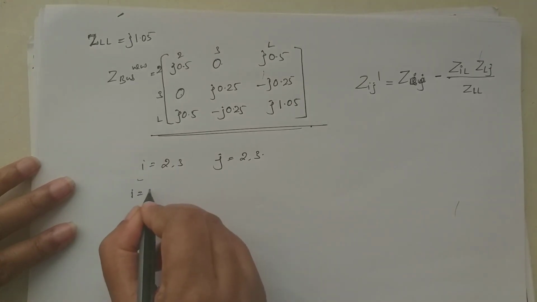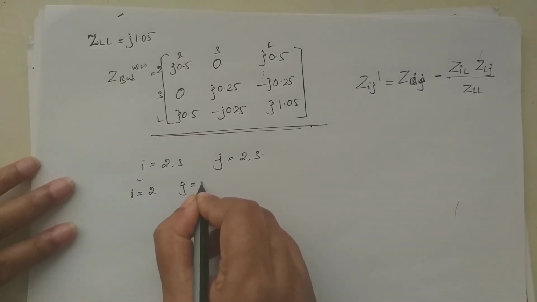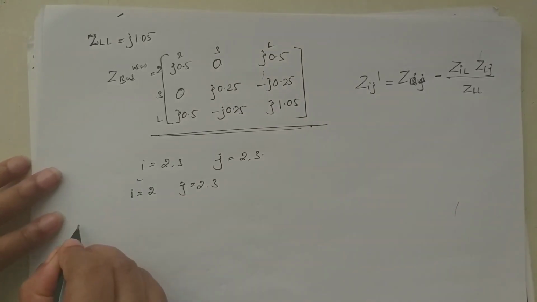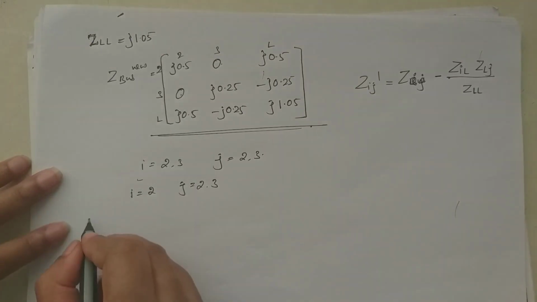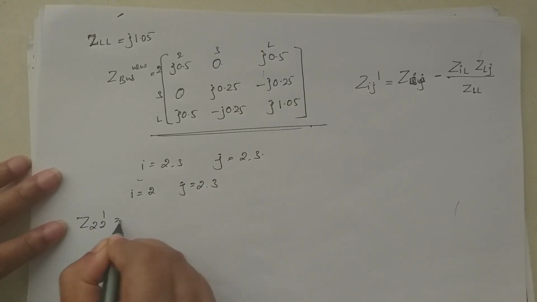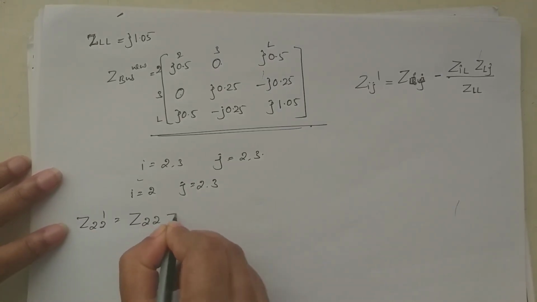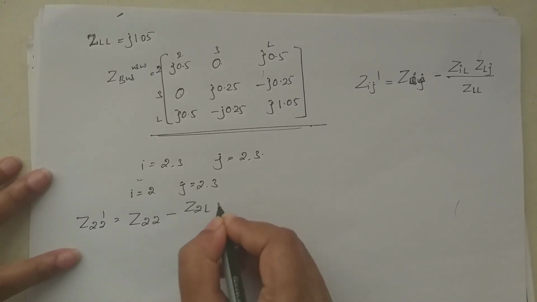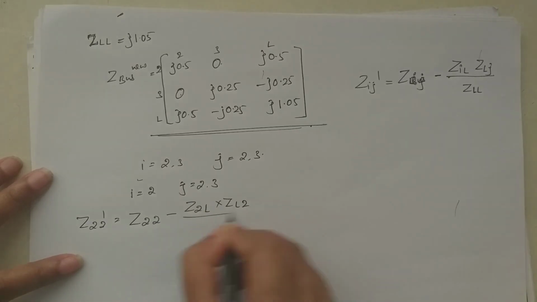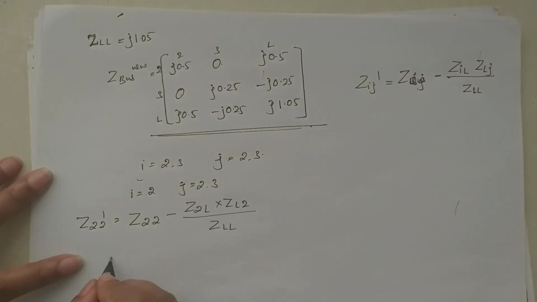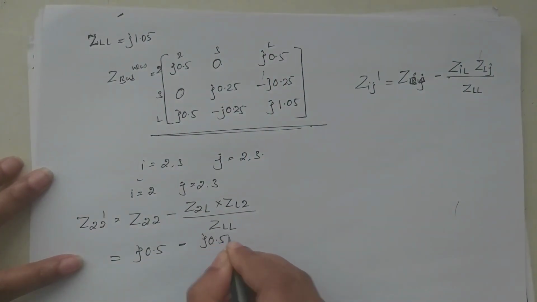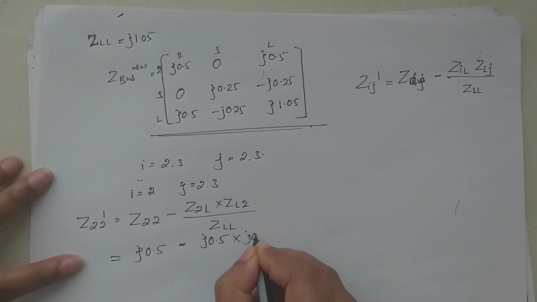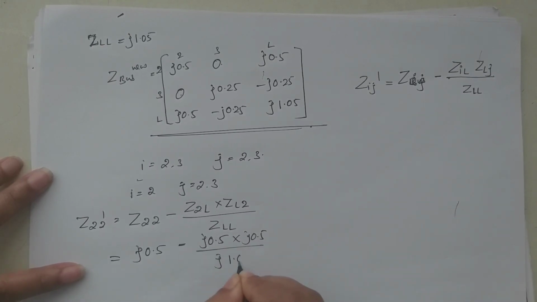Let me take I equal to 2 first and j equal to 2, 3. Therefore, taking I equal to 2 and j equal to 2, Z22 dash is equal to Z22 minus Z2L into ZL2 divided by ZLL, which is Z22 value j.5 minus j.5 into j.5 divided by j1.05.